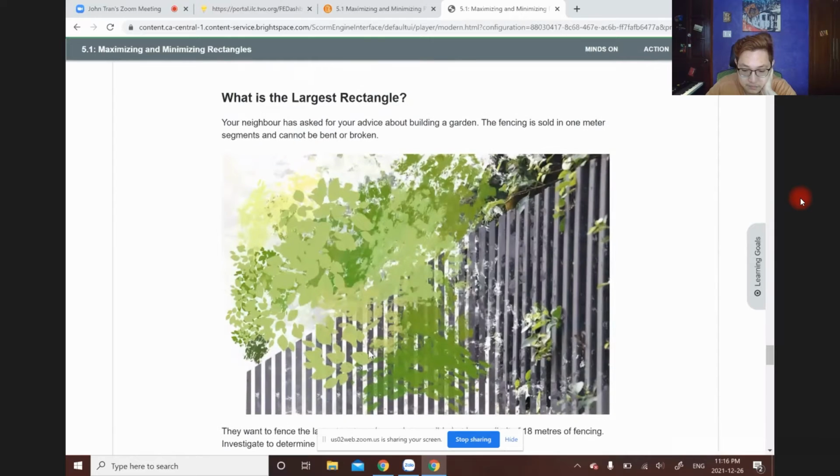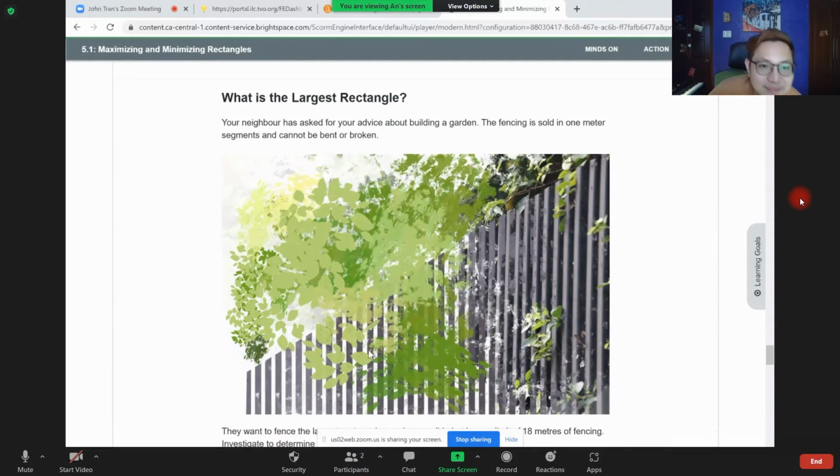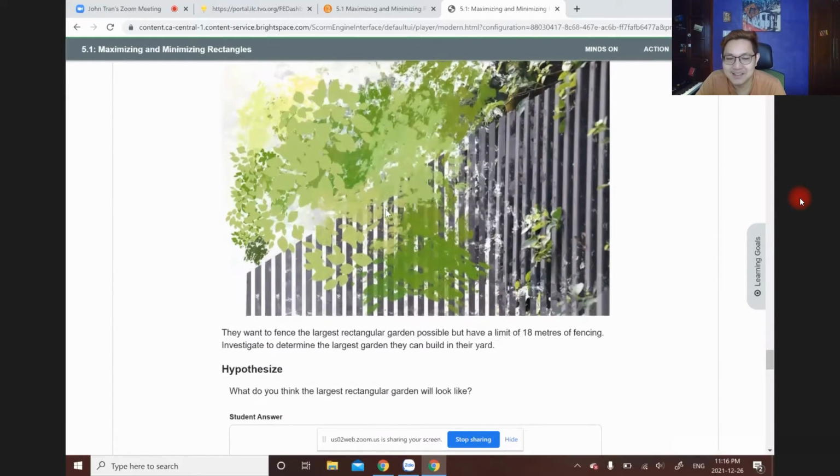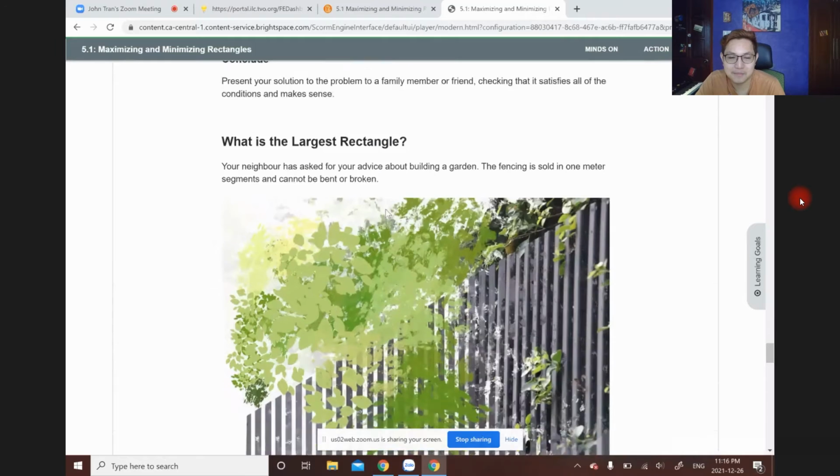Where's the largest rectangle? Fencing is sold in 1 meter segments and cannot be bent or broken. You can't bend fences, of course.